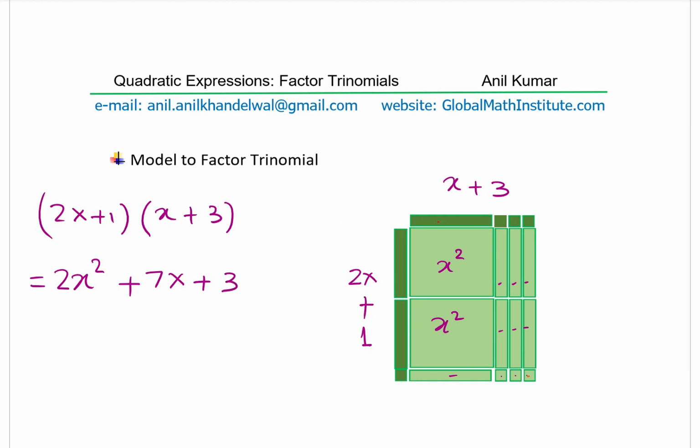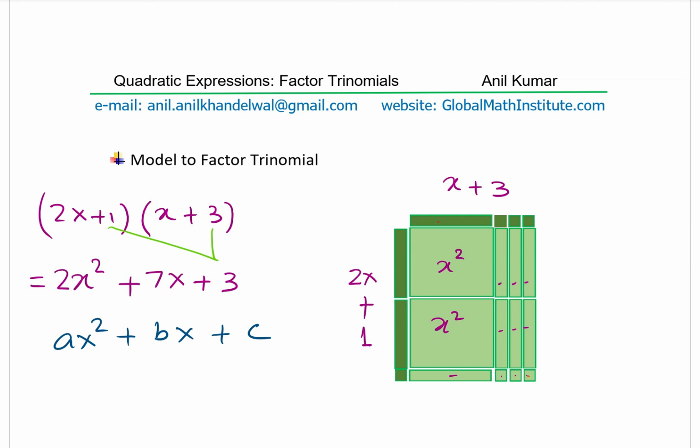Now, in general form, we are writing a trinomial as ax squared plus bx plus c. Now to factor, you will realize how we got these terms. Well, we got the term 3 by multiplying 1 and 3. So when you multiply 1 with 3, you get 3.